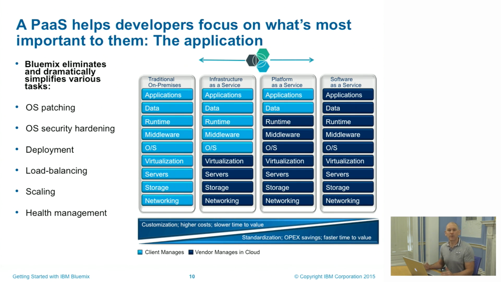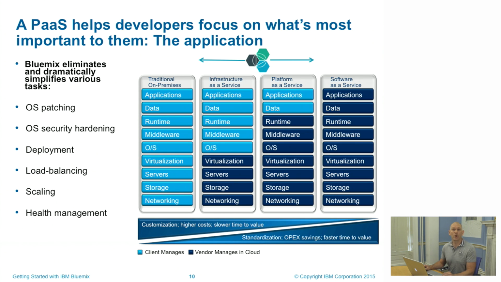So as a developer and as an enterprise running services on an infrastructure, they really just have to look at the operating system upwards. We're now seeing the emergence of platform as a service. This is where the service provider provides everything up to the application runtime. So they fully manage the environment and the runtime. And as a developer, we just care about what our application does and the data that the application needs. What a customer actually wants is probably software as a service.